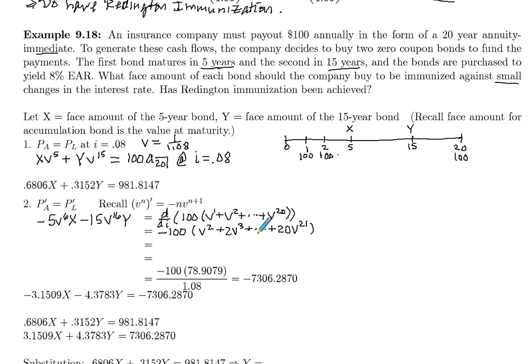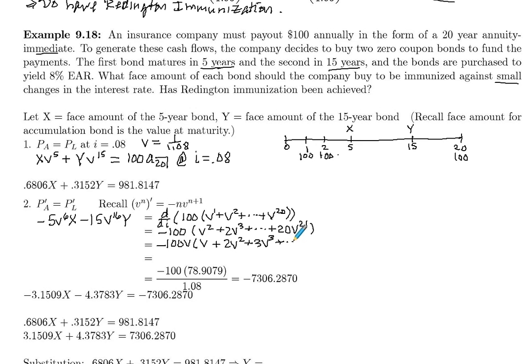And then notice here, I've actually got a common v squared, but I'm only going to pull out a v. So this is going to be -100v. And then what I'll have left is going to be v plus 2v squared. And then the next term is going to be 3v cubed.